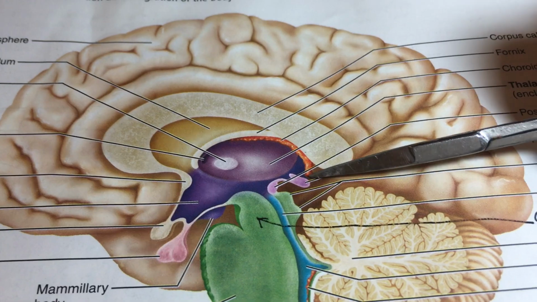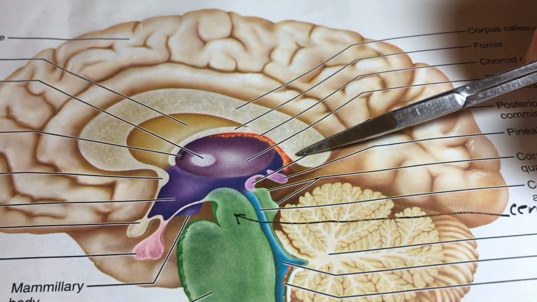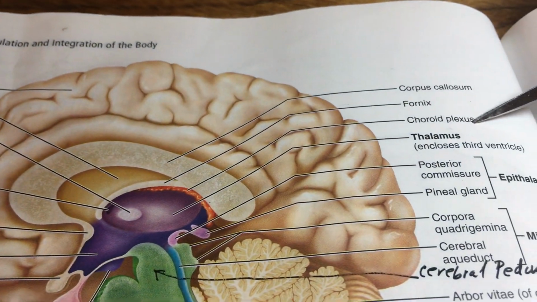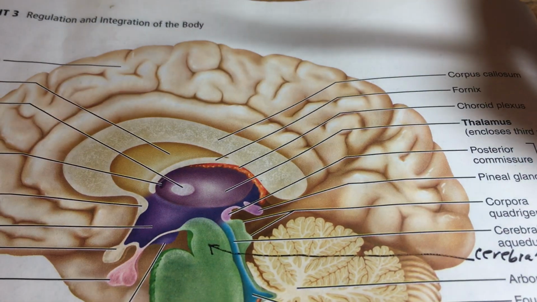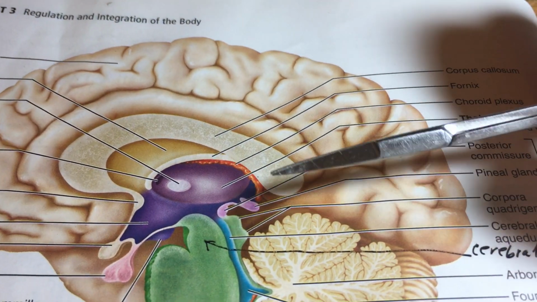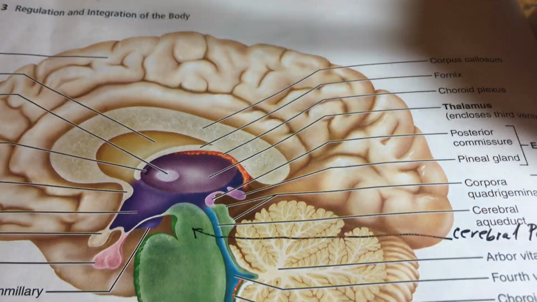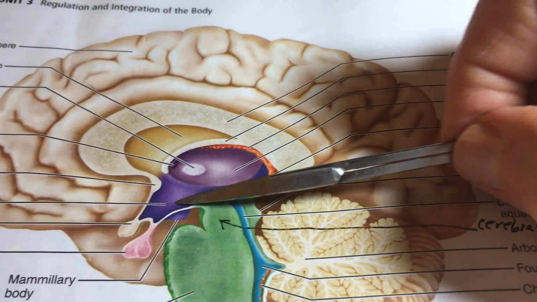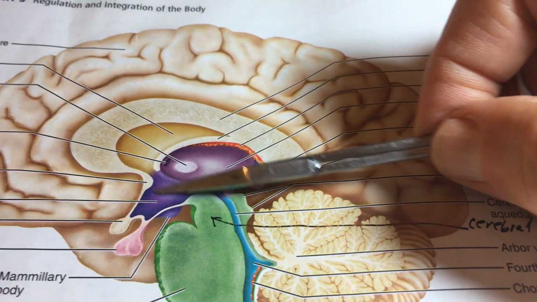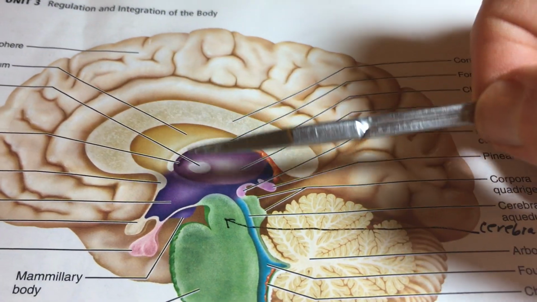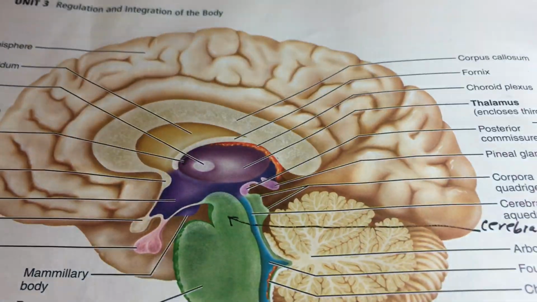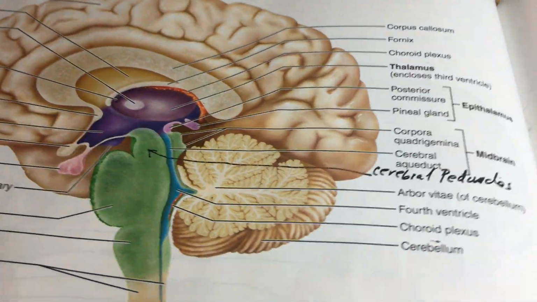We also have the pituitary right there. They're showing us a little bit of choroid plexus of the third ventricle. And the third ventricle is circling around and in between the lobes of the thalamus. And the third ventricle actually goes down here and is enclosed. Some of its lower walls here are enclosed by the hypothalamus.